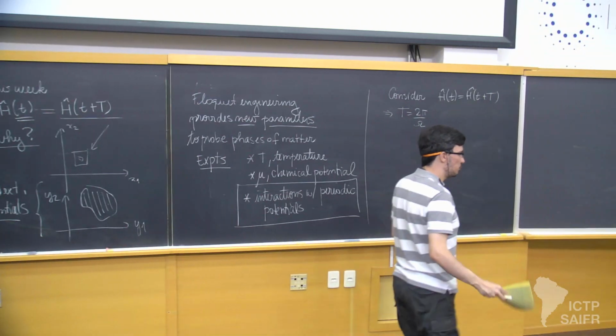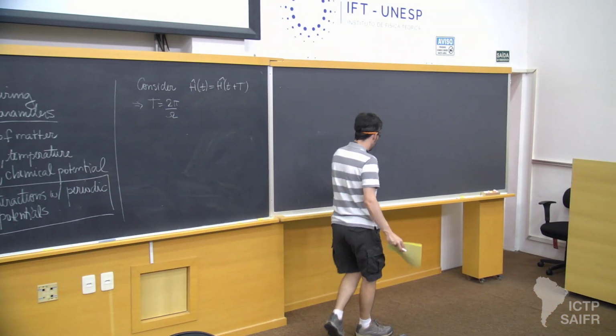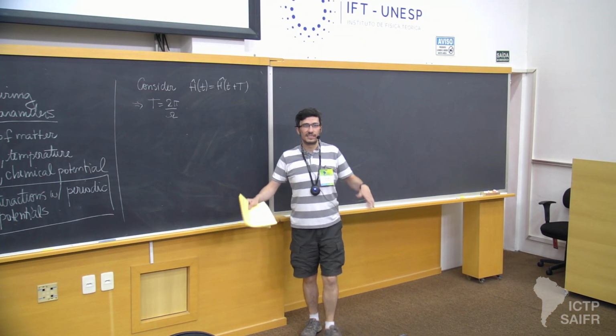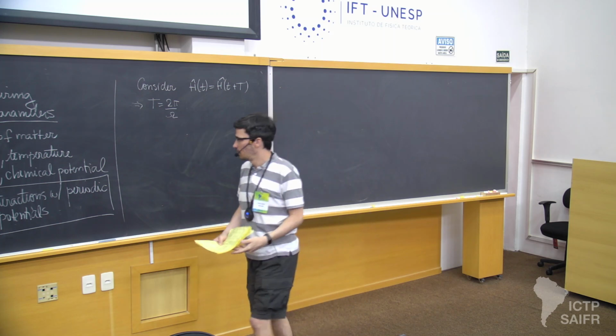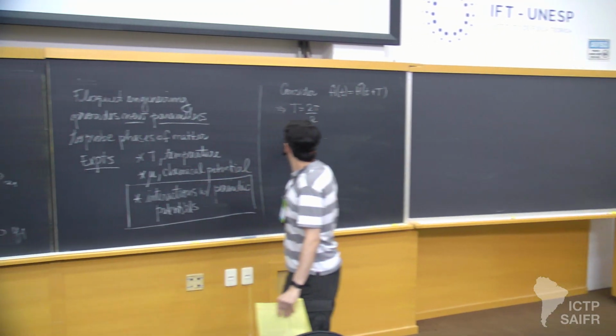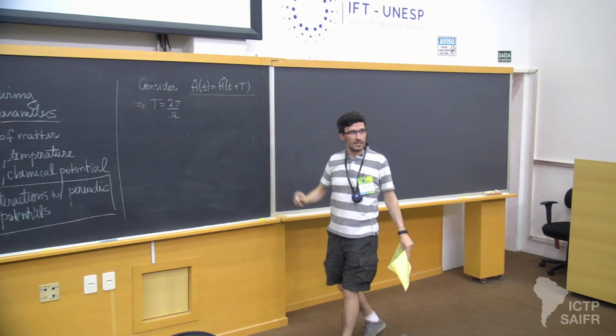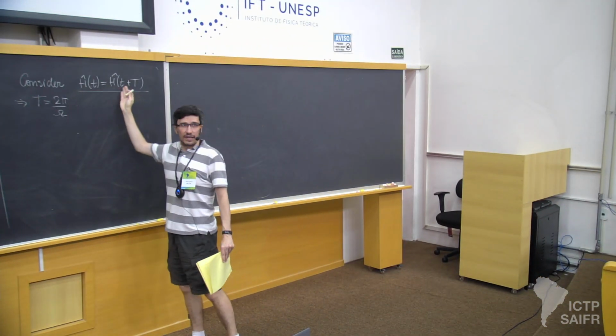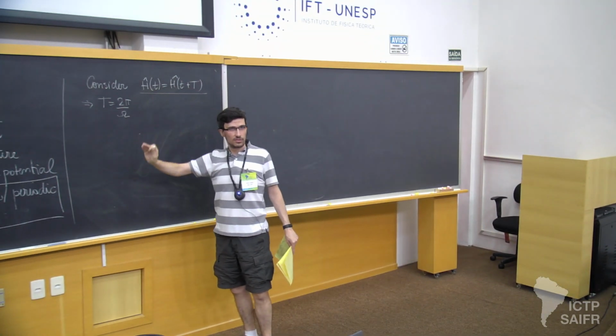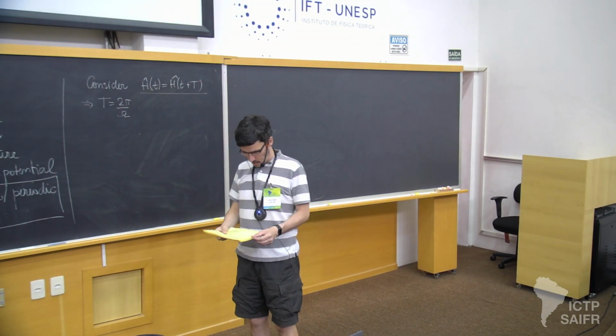I will not be able to solve Schrödinger's equation and give you the energies. This is not the point. I just want to recast Schrödinger's equation in a proper way when this Hamiltonian is periodic in time. I just want to rewrite it and manipulate it using this fact. This is what we're going to do first today. Very good.